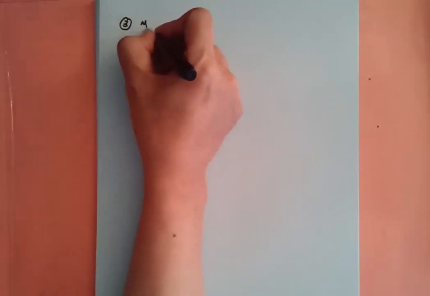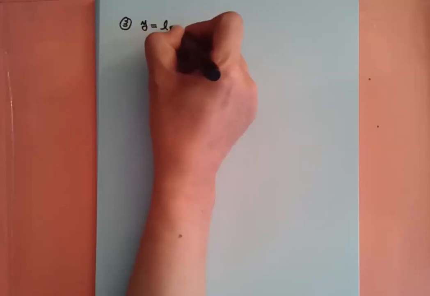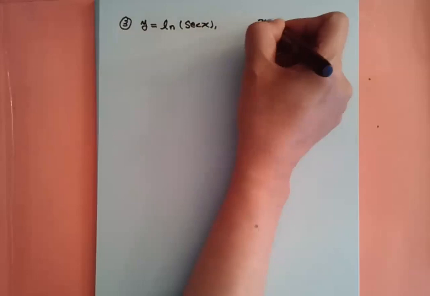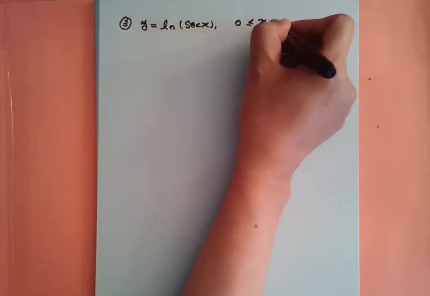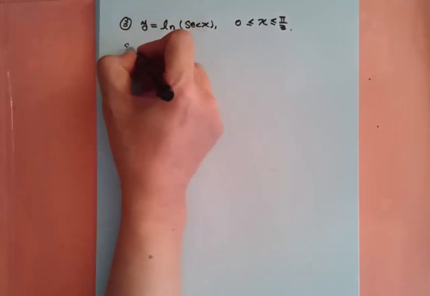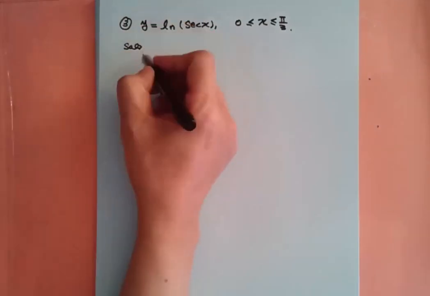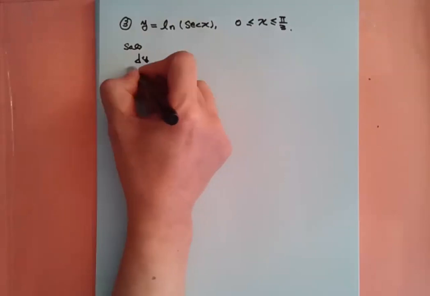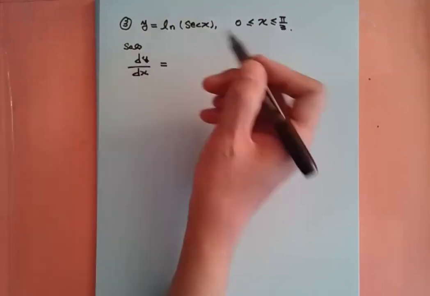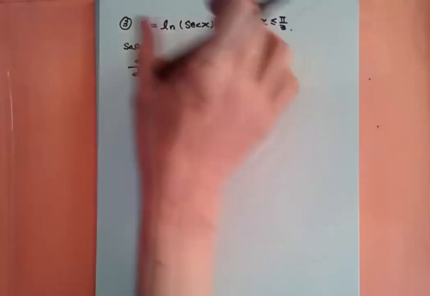The next one is y equals natural log of secant of x, x is from 0 to pi over 3. dy over dx. So of course, we have to differentiate it.